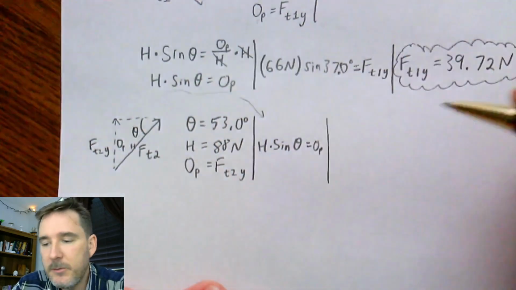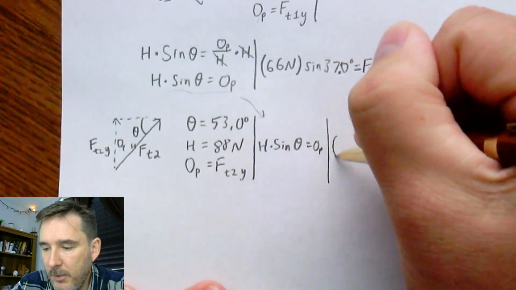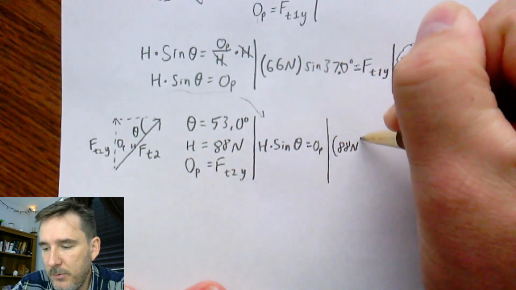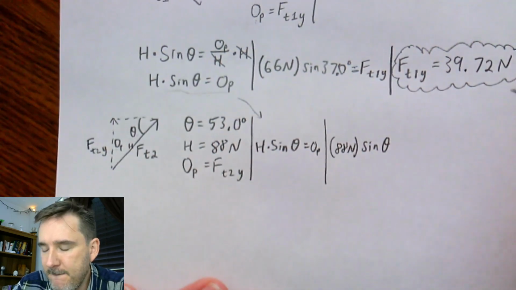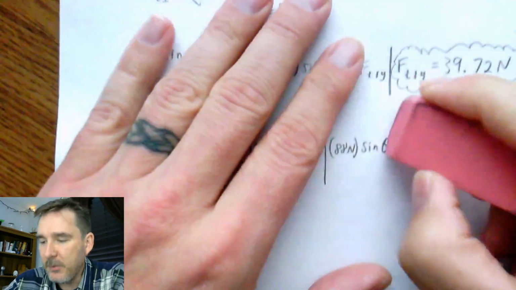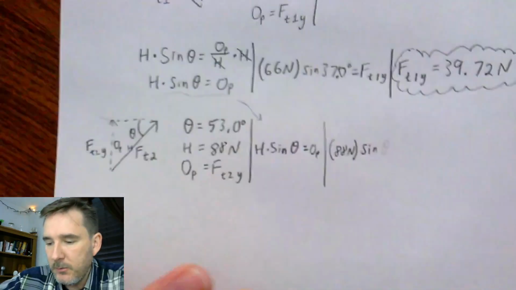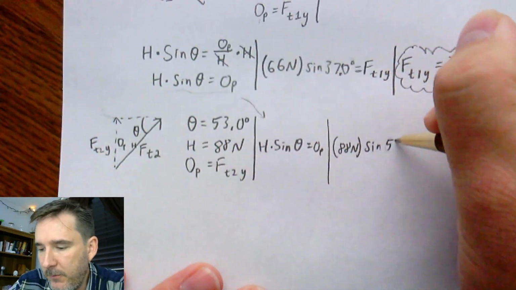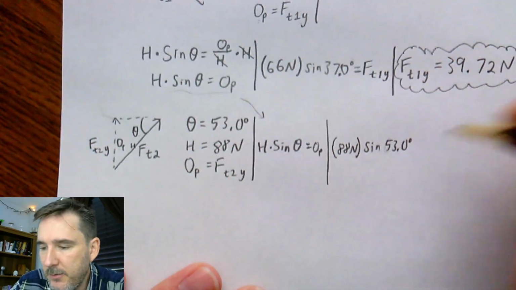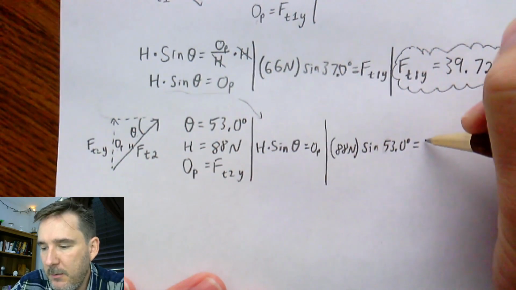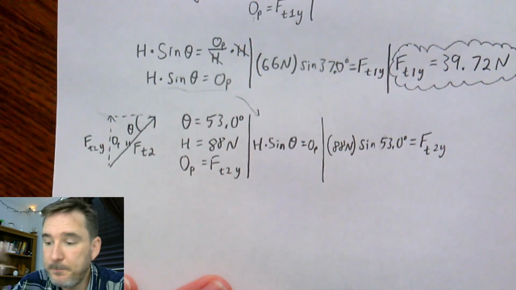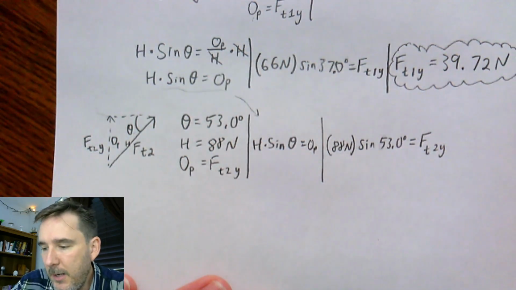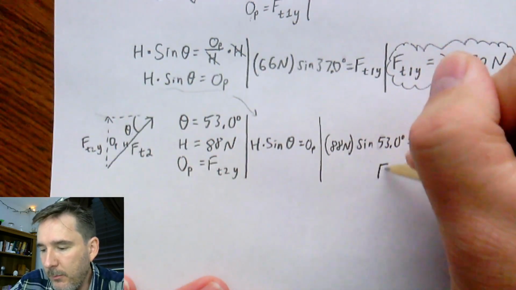And when I substitute this, I'm going to get 88 newtons times sine of theta. How about if I actually write the number? So 88 times sine of 53.0 degrees will give me my force of tension for the second wire in the y direction.